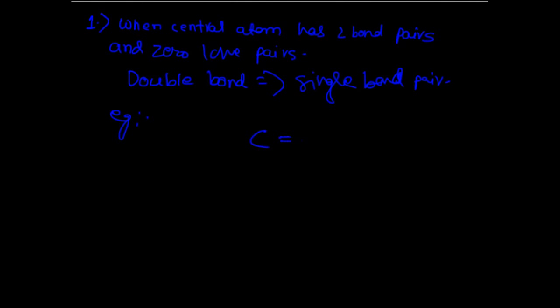CO2, that is carbon dioxide. Now in this case our central atom is carbon. Now this carbon has 4 outermost electrons, and all of its electrons are involved in the formation of bonding: 1, 2, 3, 4. So it has zero lone pair, and I just told you that a double bond is considered a single bond. So this is considered one single bond, and this is considered one single bond.